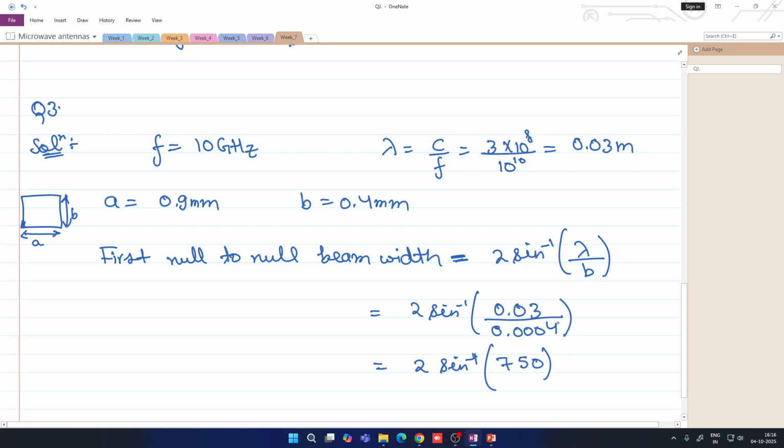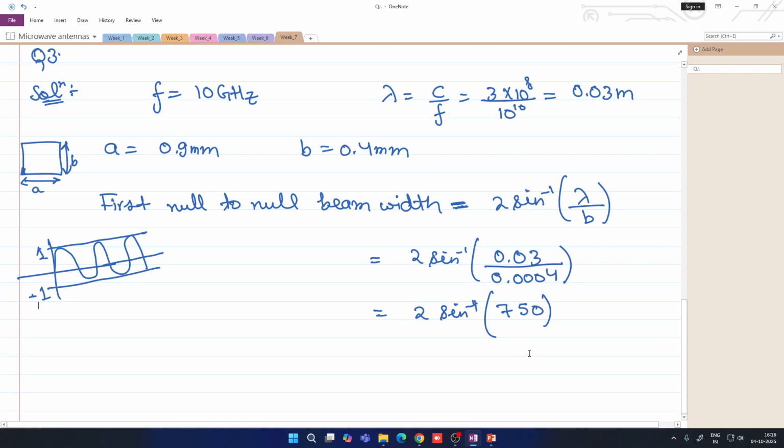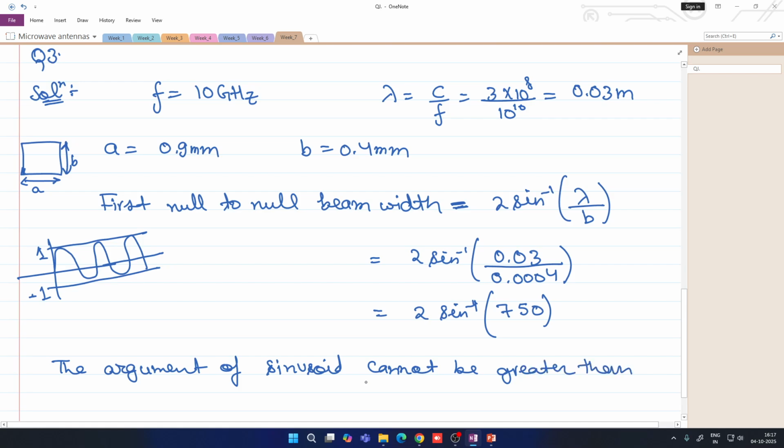When we solve this, it comes out to be 2 sine inverse 750. Now we know that sinusoidal functions are in the range -1 to 1, but here the sine inverse argument is 750. The argument of a sine cannot be greater than unity, so 750 is not possible.